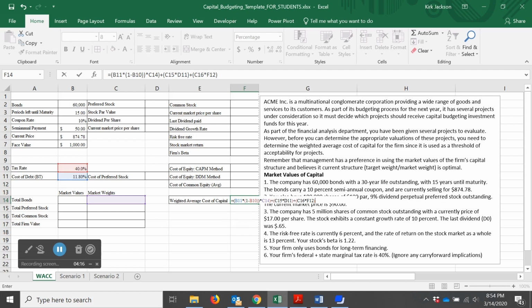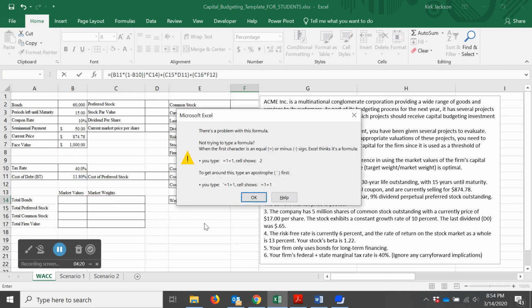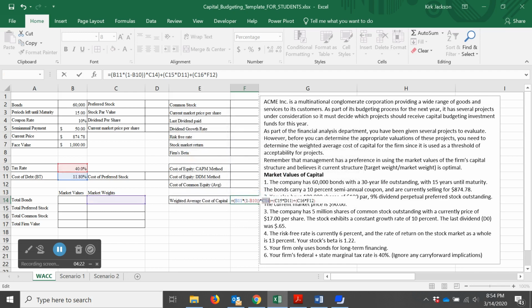And so you get this equation, let's see here, I need to just correct that. All right. So you'd see an equation that would line up the various cells. And so we would have that there.